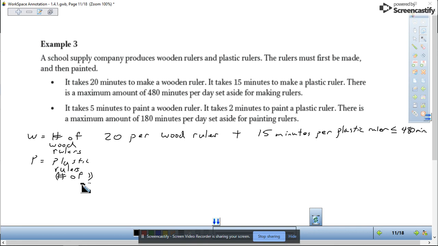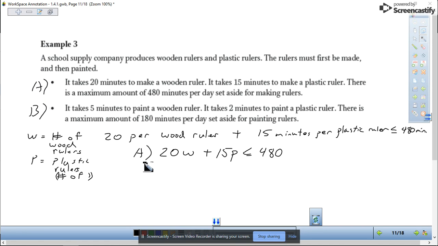All right, so looking at that, that's 20 minutes per wood ruler, per meaning multiply, plus 15 minutes per plastic ruler. So we got two variables here. Has to be less than or equal to the total 480 minutes. That takes care of the first one, right? So this is A.